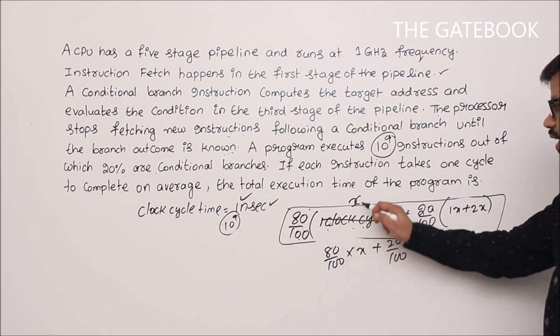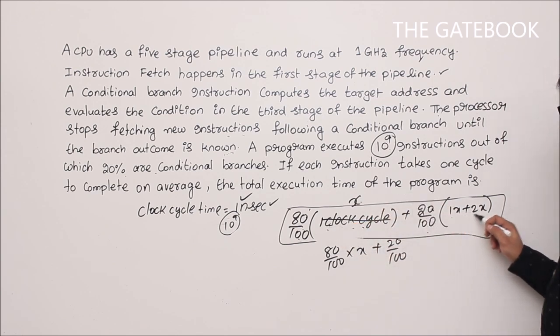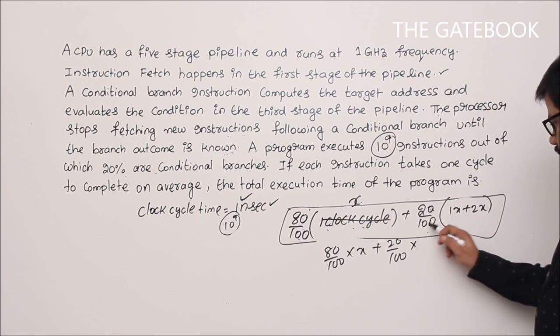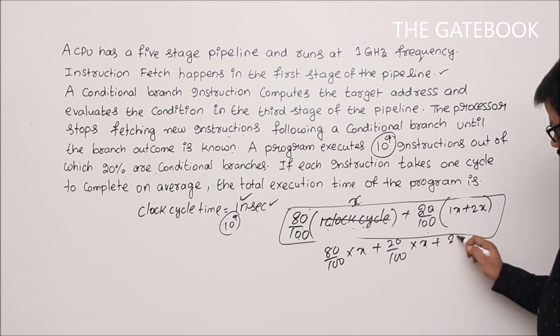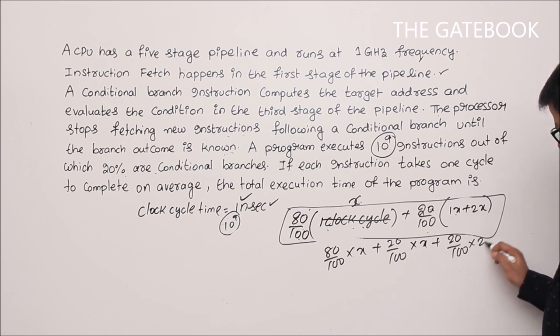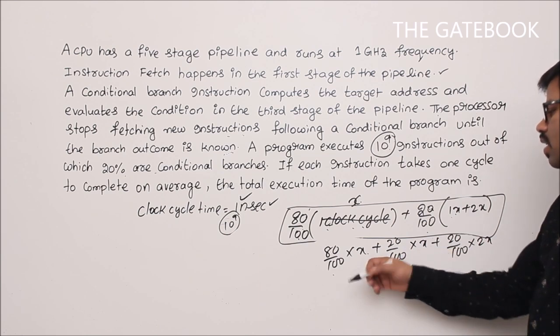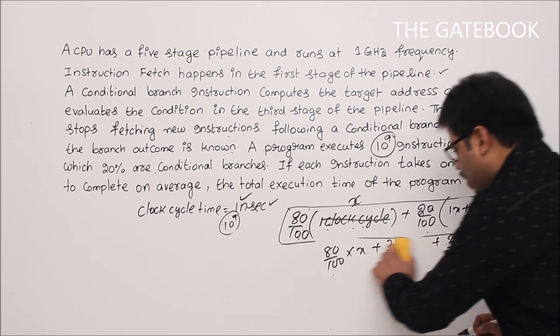If 1 clock cycle is x, 1 cycle plus 2 cycles is 1x plus 2x. Then 20% I can simplify like this, 20% into x plus 20% of 2x. Now 80 by 100 into x plus 20 by 100 into x is 100 by 100 into x. That's why it will become x.